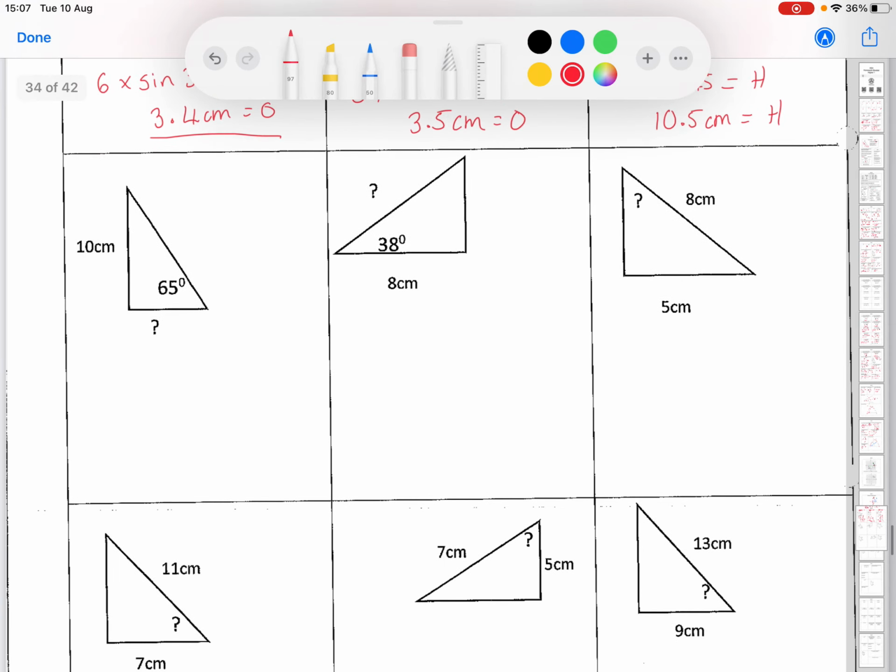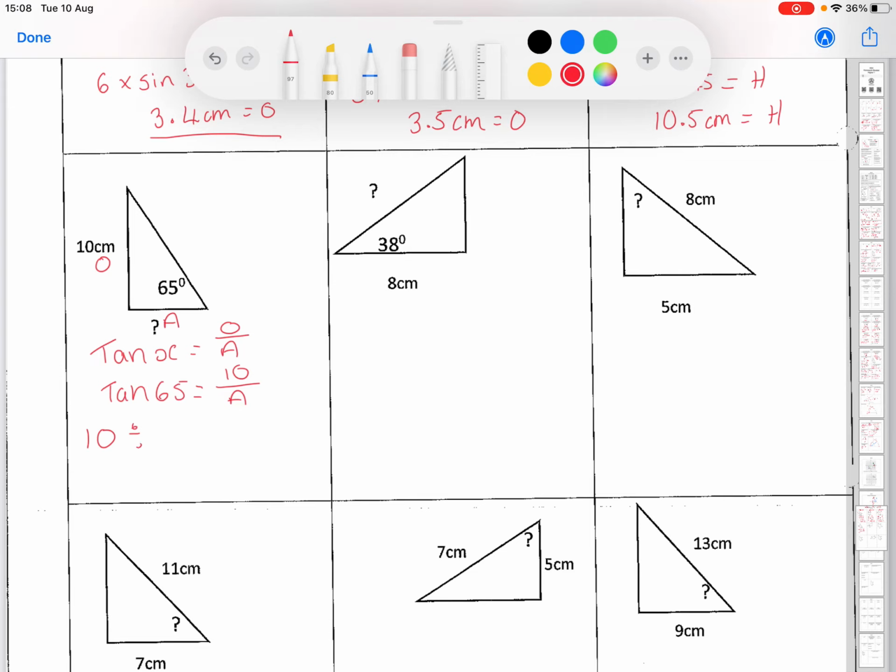So these next ones, I'm not going to write SOHCAHTOA at the very beginning of every one this time. Hopefully you get the hang of doing this. So we've got 65. 10 is our opposite, and the question mark is next to it, so it's OA. So that's going to be TOA. So we know tan of the angle x is O over A. So tan of 65 is going to be O, which we have, is 10, over A, which we don't have.